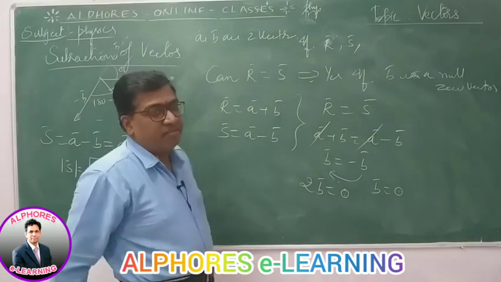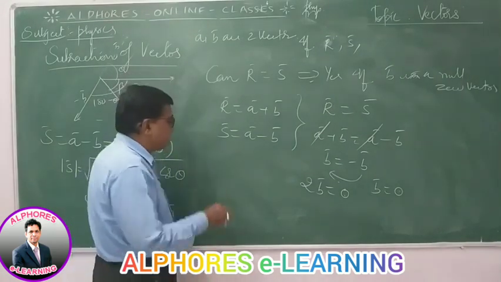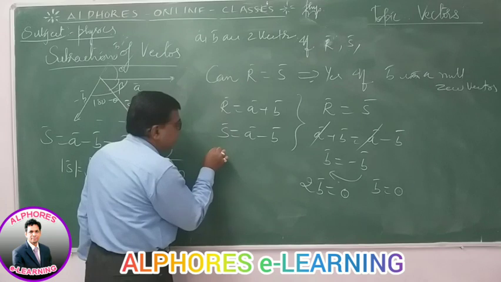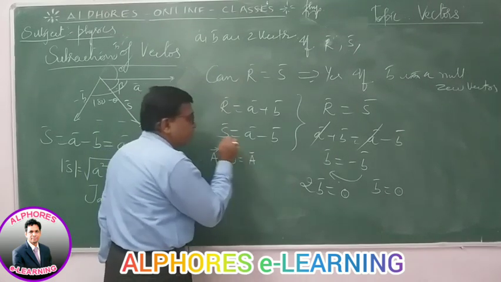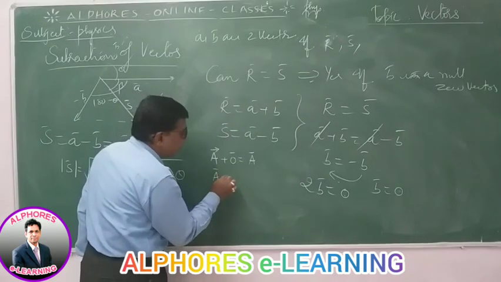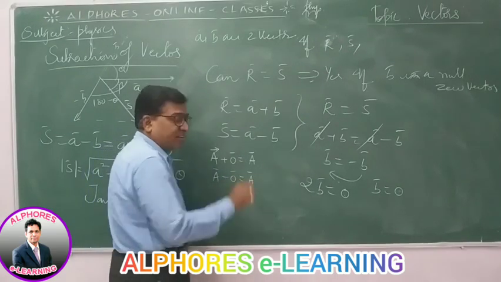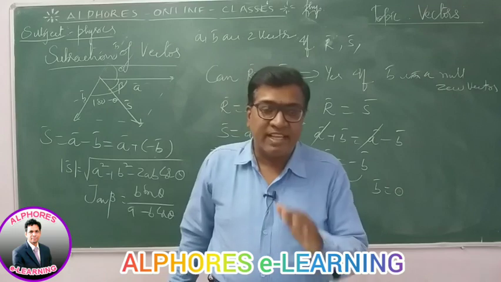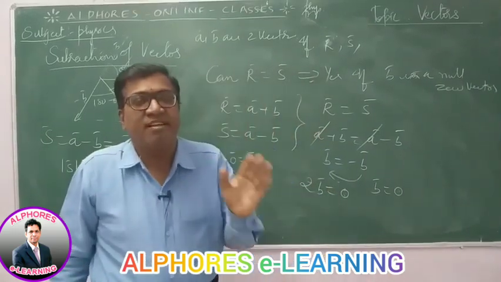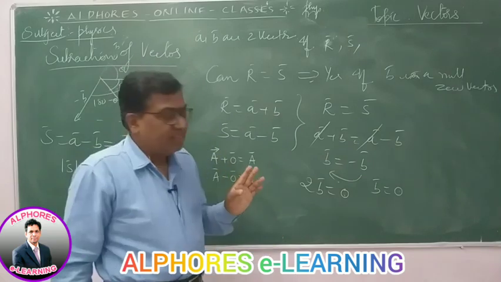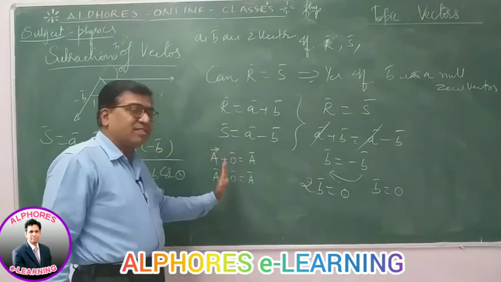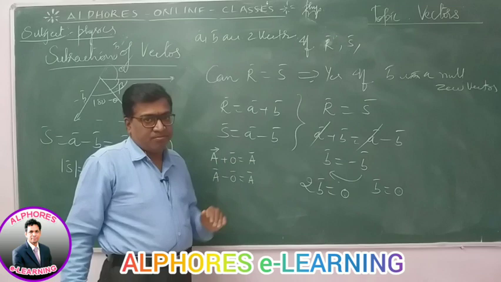Well, when we were talking about the null vector, I was telling you, if there is a vector A bar and I add 0 bar to it, it remains as A bar. When I subtract 0 bar from it, it remains as A bar. When a zero vector is either added or subtracted, the vector remains the same.